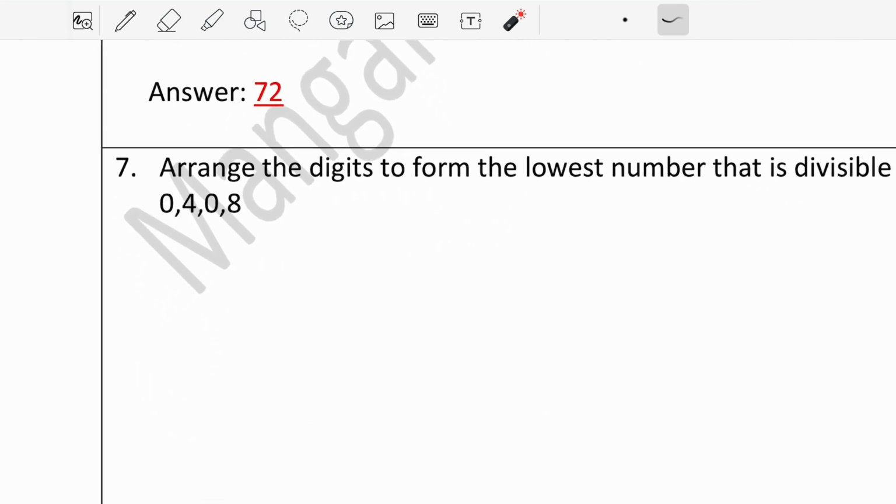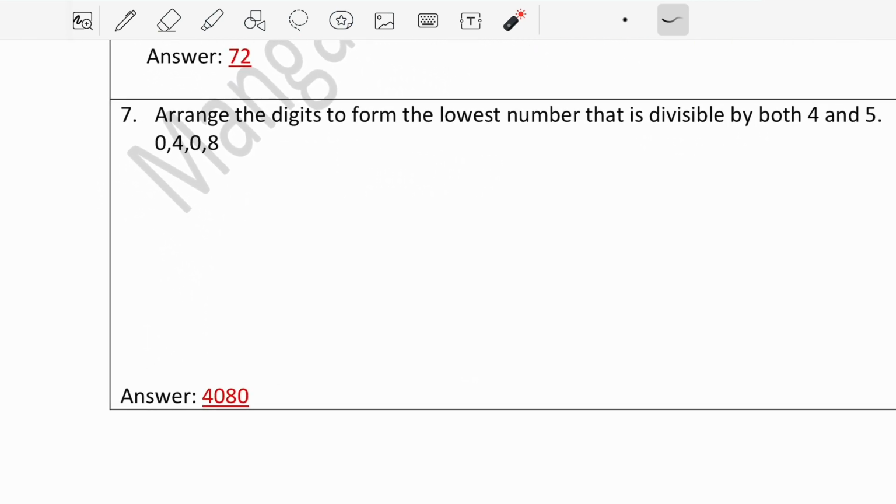Next, 7. Arrange the digits to form the lowest number that is divisible by both 4 and 5. So how do we know if a number is divisible by 5?